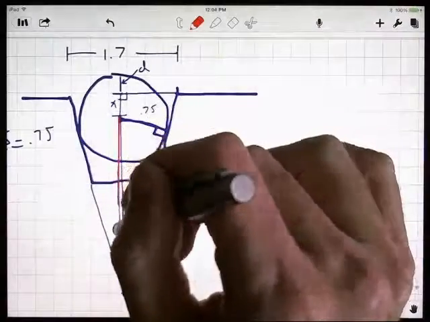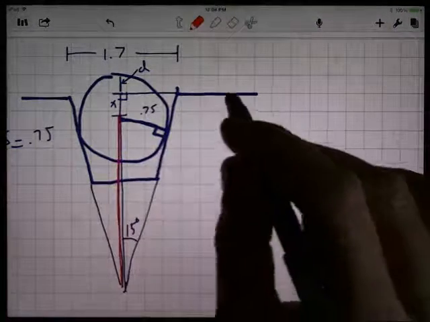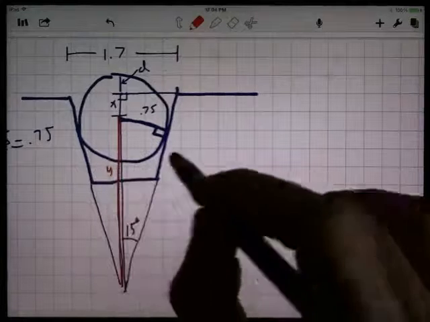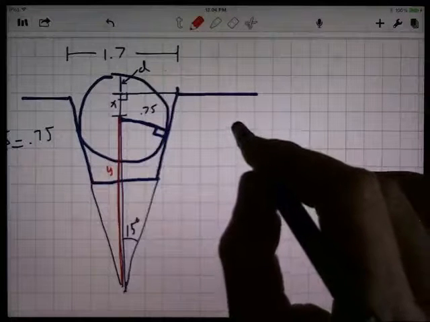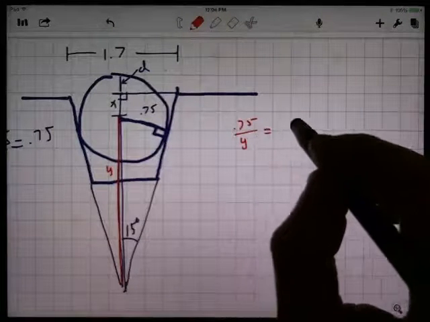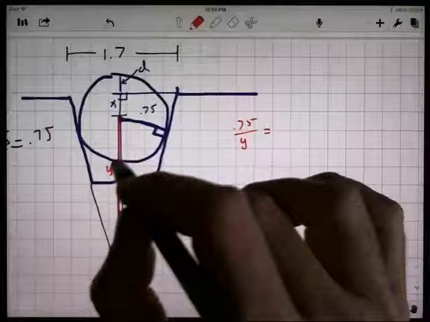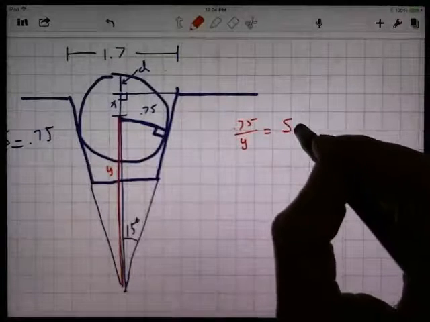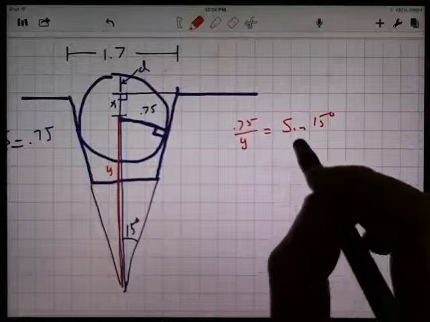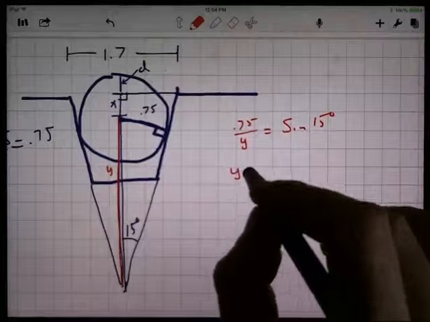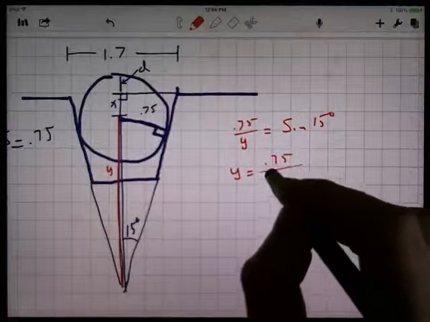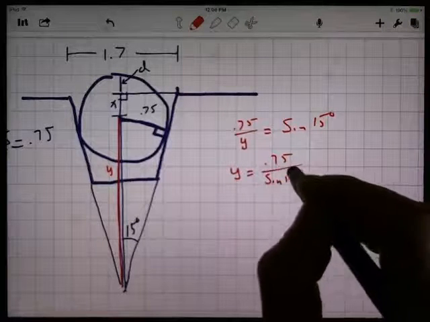So that length right there, we'll call that Y. 0.75 divided by Y would be the opposite side divided by the hypotenuse. So that's the sine of 15 degrees. Solving for Y, I've got Y equals 0.75 divided by the sine of 15 degrees. Okay.